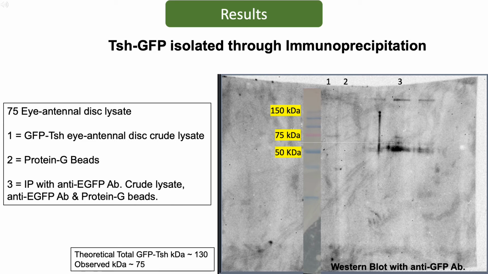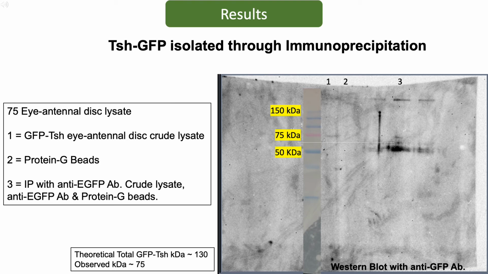And so this Western blot is from a lysate that consisted of about 75 antennal discs. We can see that in column 1, this is just crude lysate, so this has not gone through a co-IP or has any beads present, and so we don't see anything there. If we look at column 2, these are just the protein beads alone, and so this works as another control, and we don't see anything in that column as well.